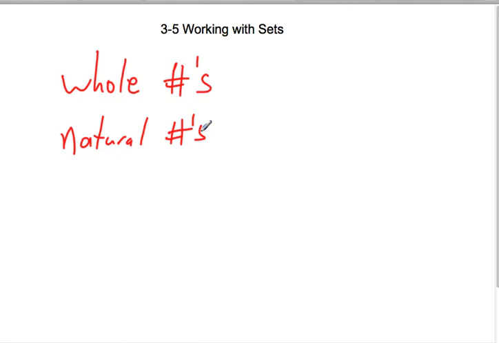But it doesn't have to be just numbers. We could have a set of letters. For instance, here's a set of letters in my last name. And within these sets we would have subsets. For instance, a subset of whole numbers might be 3 and 5 and 6.